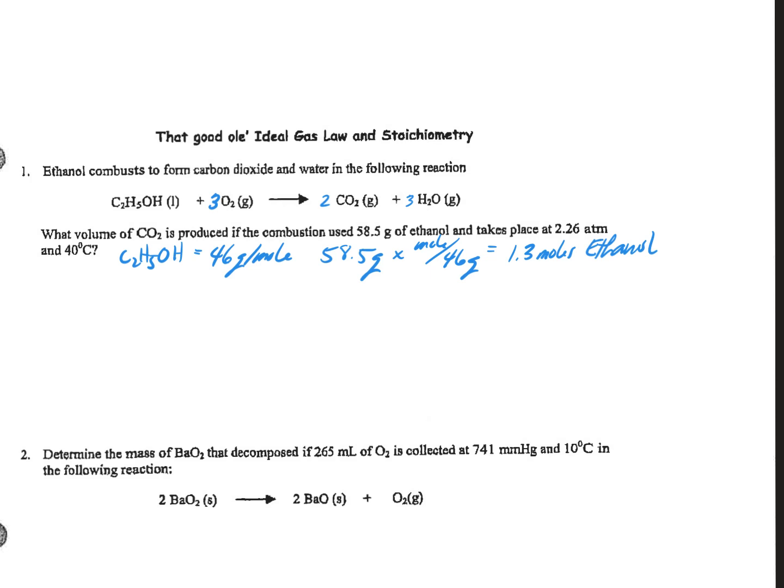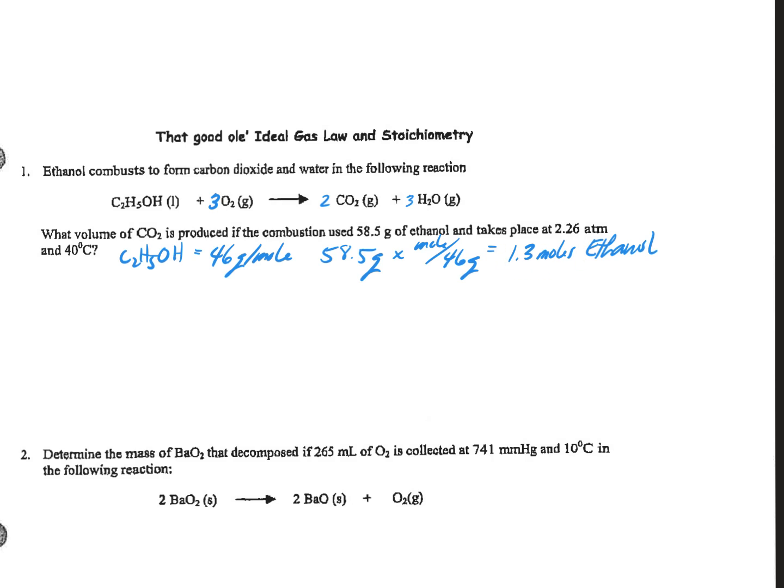All right, now remember about stoichiometry, right? What is the mole ratio between ethanol and carbon dioxide? Carbon dioxide, by the way, is what we care about in this reaction. We're being asked what volume of CO2 is produced. So let's find out how many moles is produced.